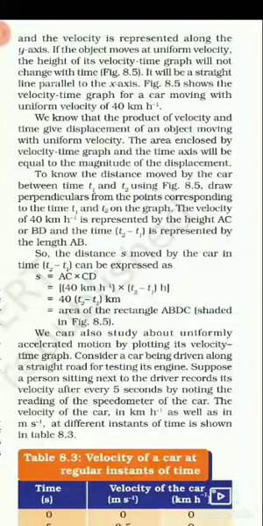The velocity of 40 km per hour is represented by the height AC or BD, and the time slot t2 minus t1 is represented by length AB. So the distance moved by the car in time t2 minus t1 can be represented by AC into CD, that is 40 km per hour into t2 minus t1, which is the area of the rectangle ABCD.